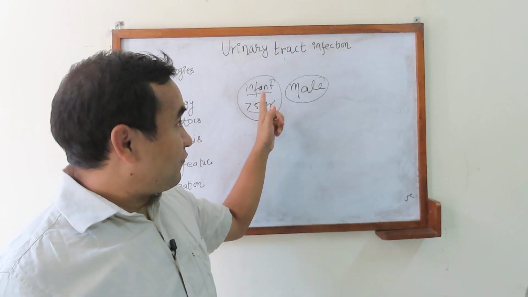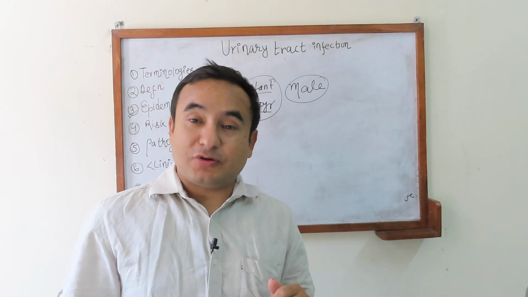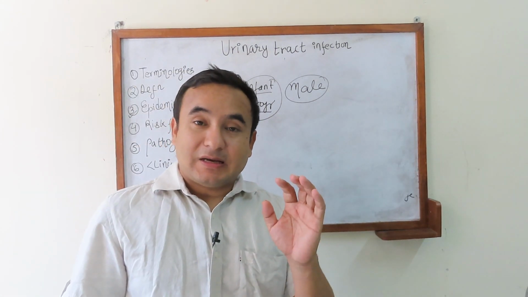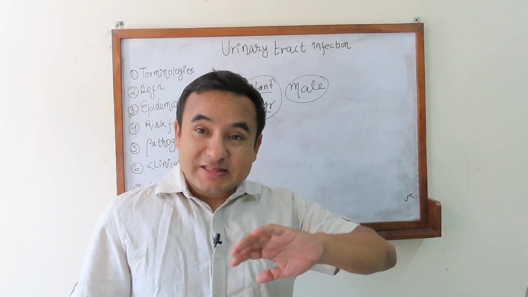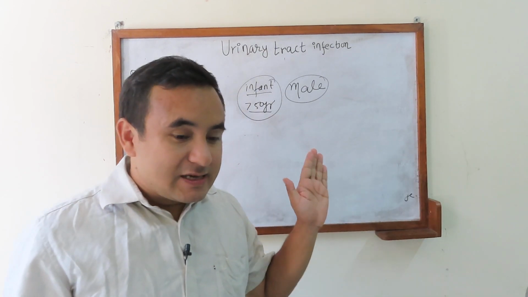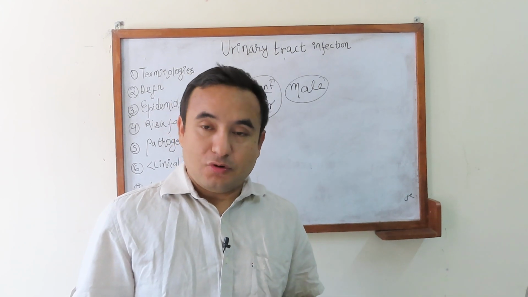That is why in an infant the cause of the UTI may be vesicoureteric reflux, and similarly after 50 years, as the size of the prostate goes on increasing, it increases the chances of UTI as well. That is why in this age group, even males have UTI.